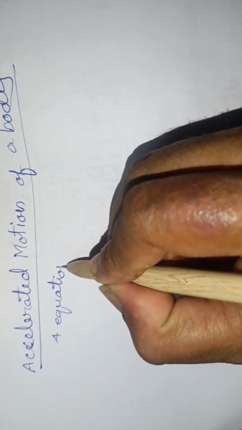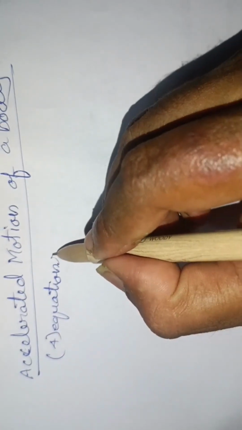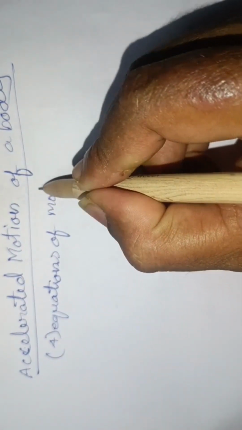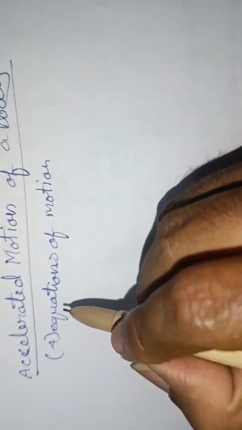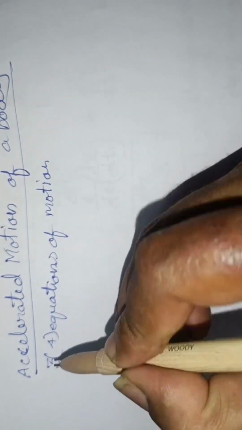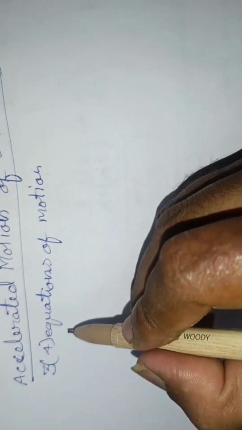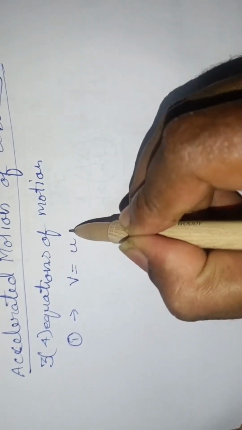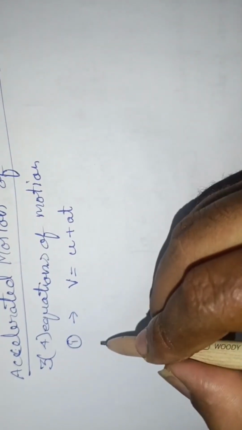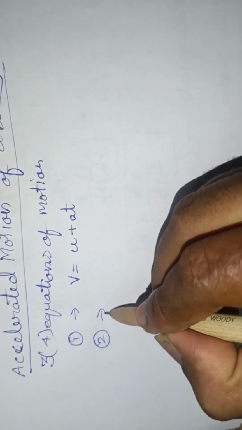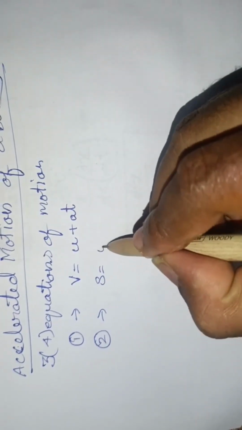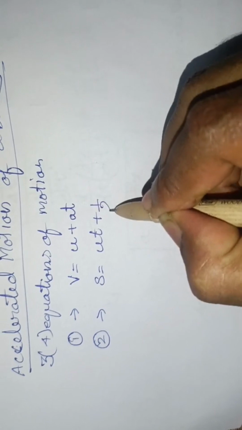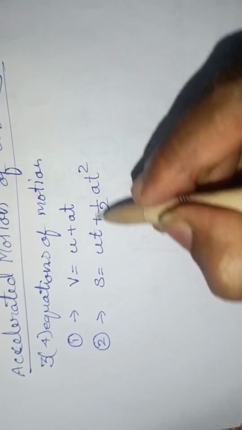Let me give you clarity on what concepts we are going to discuss in today's class. So, four equations of motion. As we know very well, mostly people say it is three, but we would like to go ahead with four, the one extra one. For the first one, V is equal to u plus at. Second, s is equal to ut plus half at square.